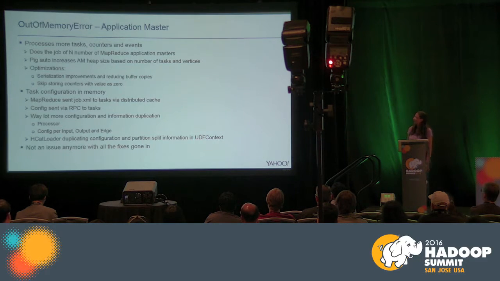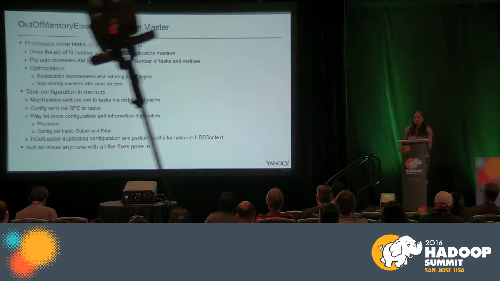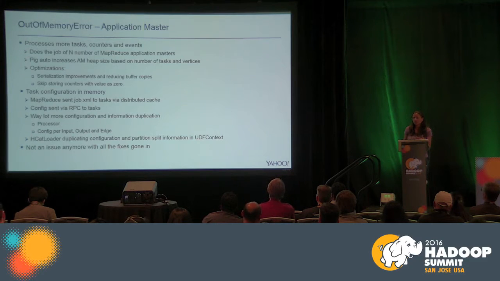Another big problem with the AM was that we were now using the AM to send the task configs through RPC instead of distributing through distributed cache. So the AM had to really scale, and in our clusters, jobs can run really wide. For example, 40K tasks can run concurrently for an AM, so you have to distribute those configs to 40K tasks.